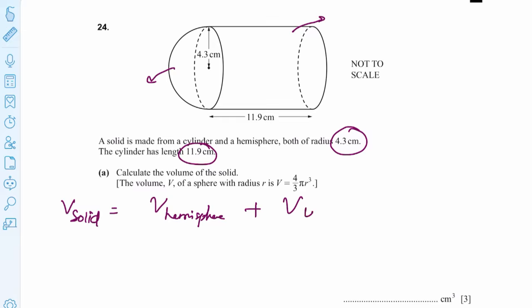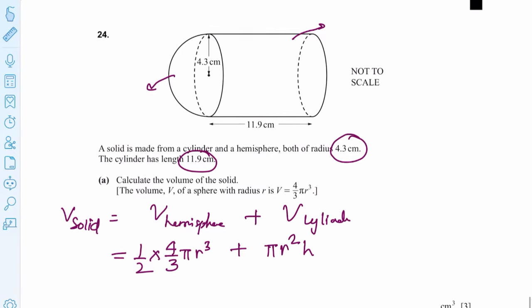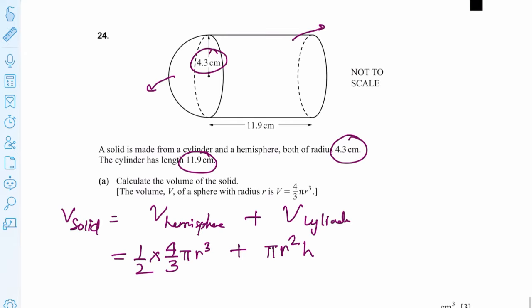plus volume of cylinder. Okay, if it was a sphere, then sphere volume is 4 over 3 pi r cube, isn't it? But it is hemisphere, means I will times with half because it is half, right? Plus volume of cylinder formula is pi times r squared h. Now what is the r given for both? 4.3.